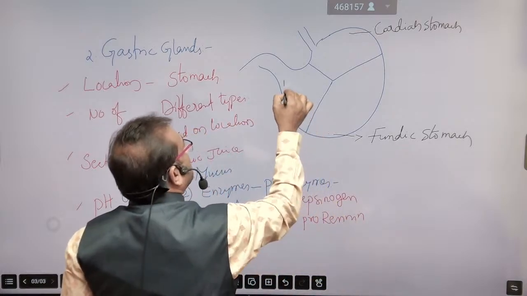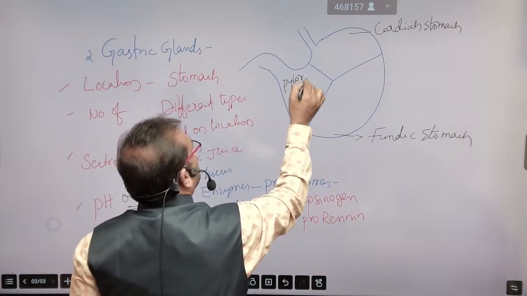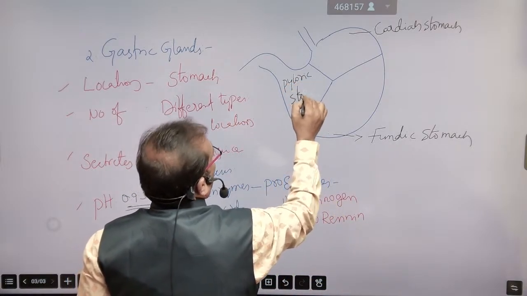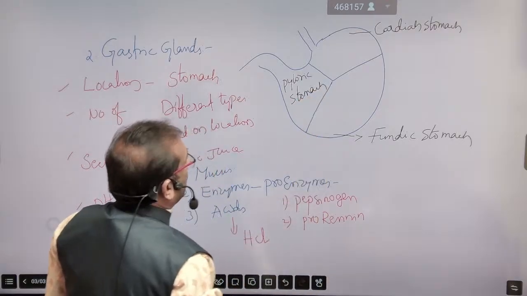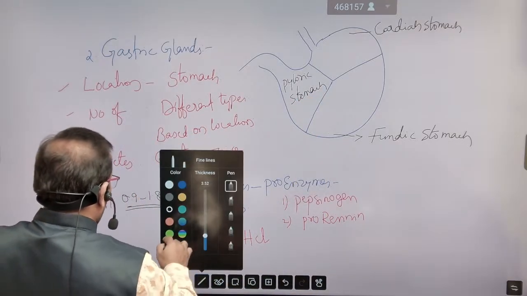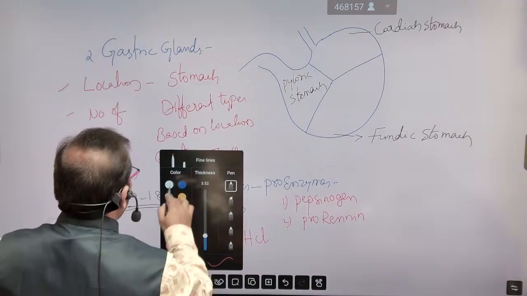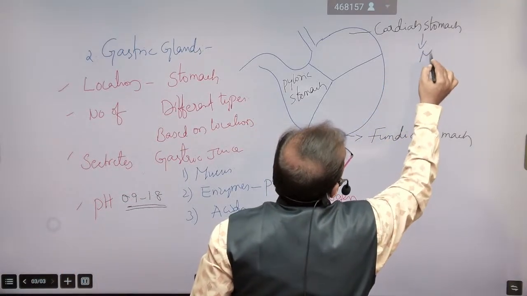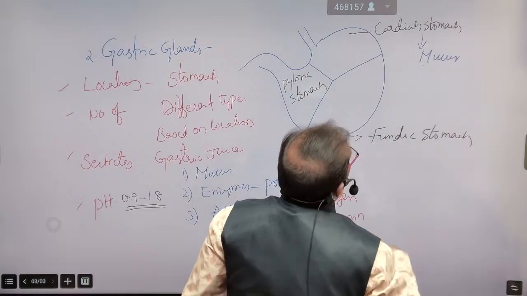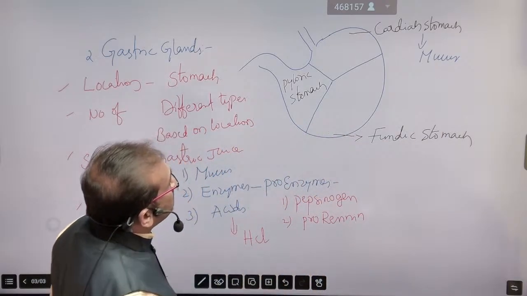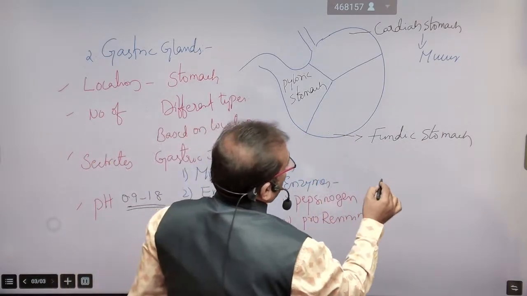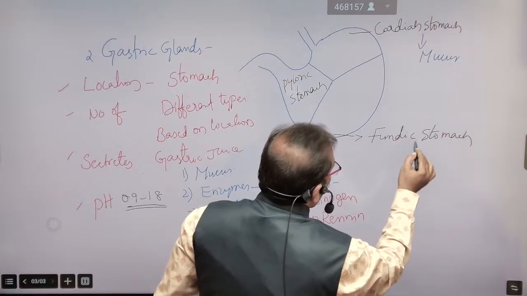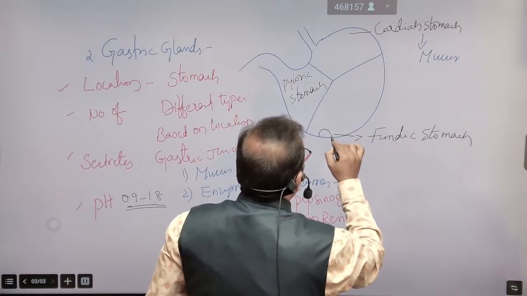And the last one is the pyloric stomach. And what do they secrete? The cardiac stomach secretes mucus. And coming to the fundic stomach, different types of cells are present.